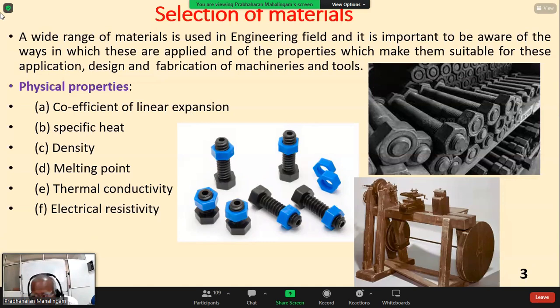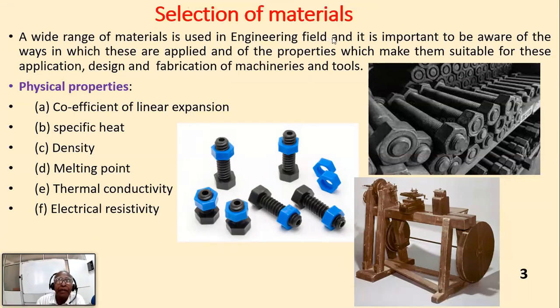A wide range of material is used in the engineering field, and it is important to be aware of the ways in which these are applied and of the properties which make them suitable for this application, design, and fabrication of machineries and tools. So if you want to design a machinery, you should have a clear idea about these metals and materials. So we think about that first.